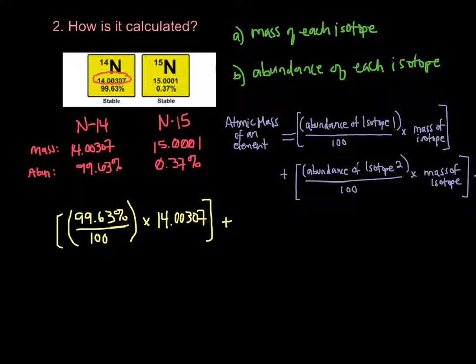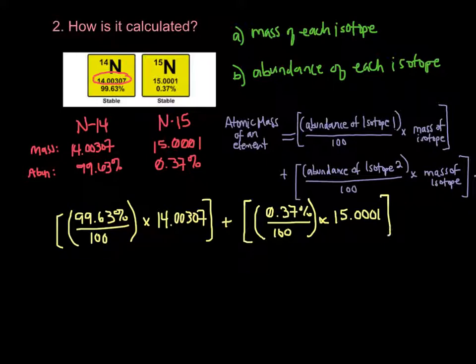And then you're going to add that to the abundance of the second isotope, which is 0.37%. You're going to divide that, of course, by 100 to get it out of being a percentage, and then you'll multiply by its mass of 15.0001 and get that product.